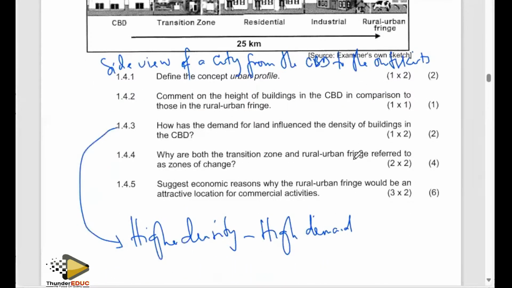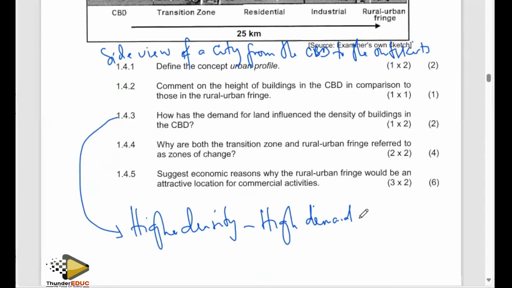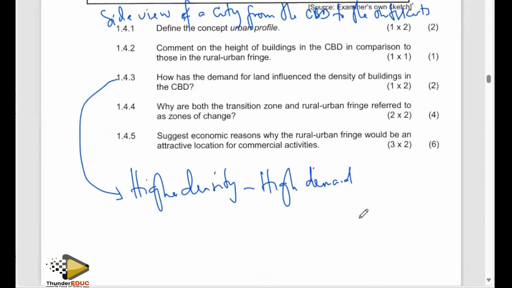Why? The demand for land has caused the density to be high. There is high demand for land in the CBD, which contributes to the buildings having a higher density. That's basically the relationship of those two. Because of high demand for land, it has caused high density of buildings in the CBD. Like you know, in CBDs the buildings are just close to each other because there's no space to waste.